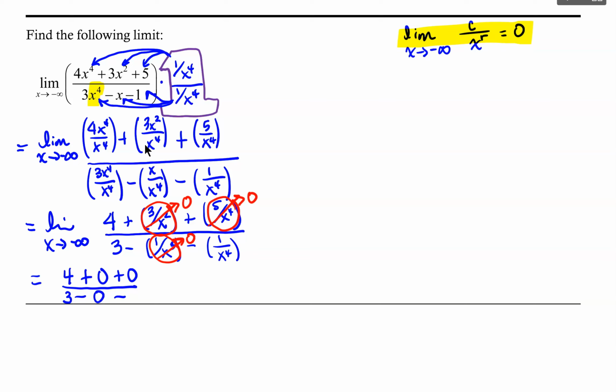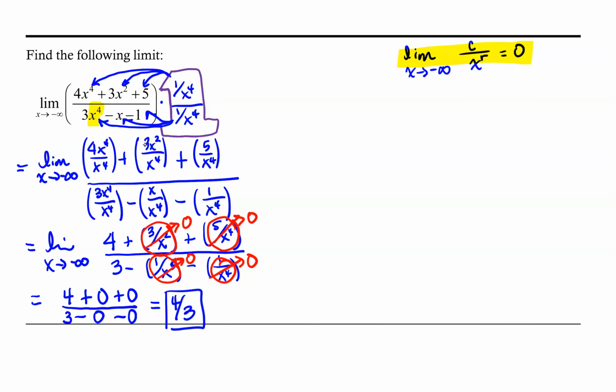Minus, and then I have my 1 over x to the 4th. I can apply the property again, so that heads to 0 as well. So the limit here of my function as x approaches negative infinity is equal to 4/3.